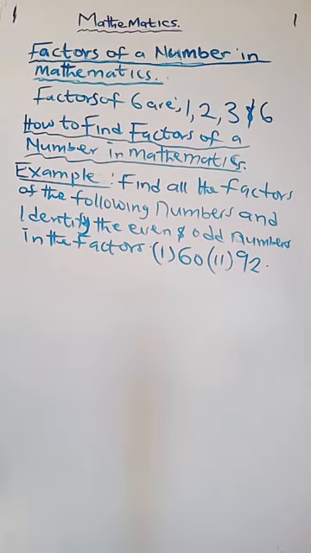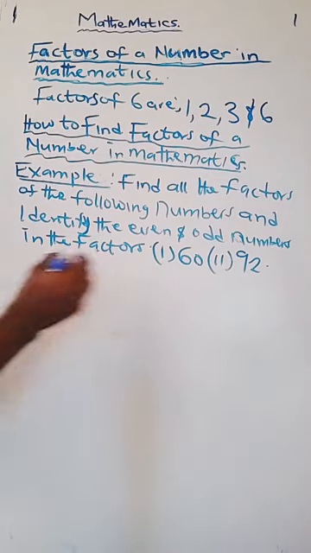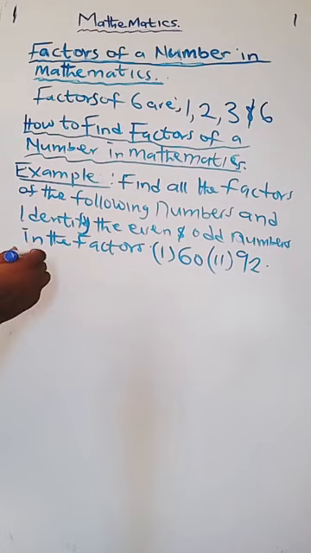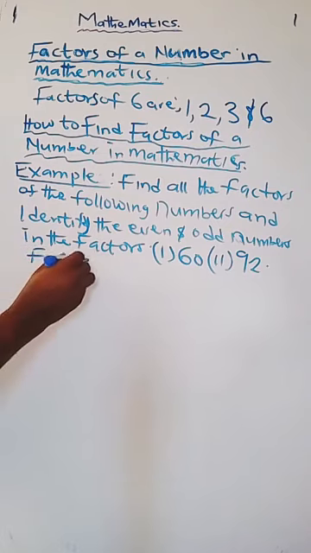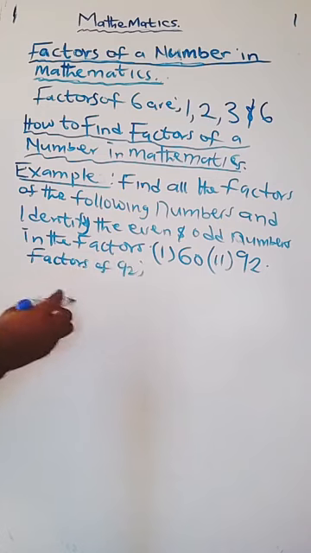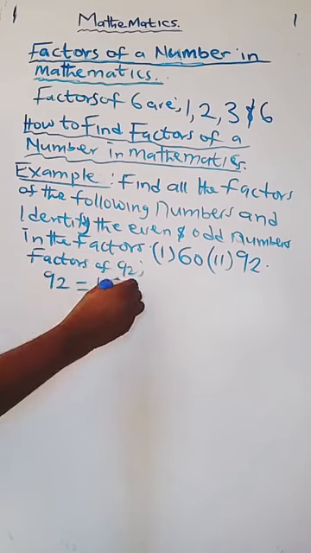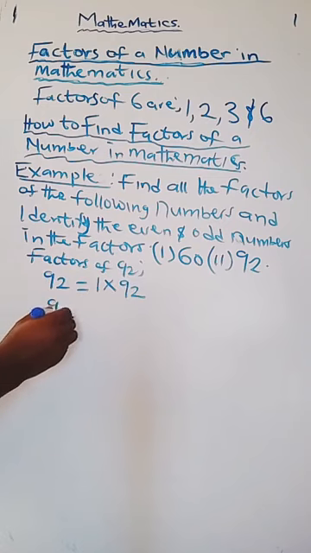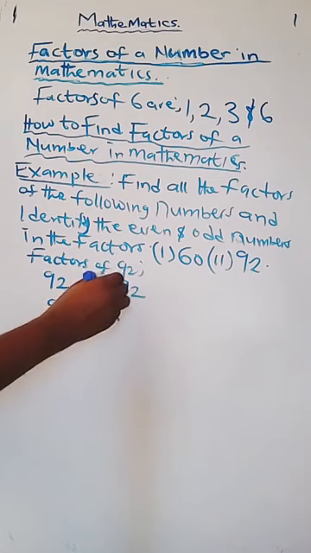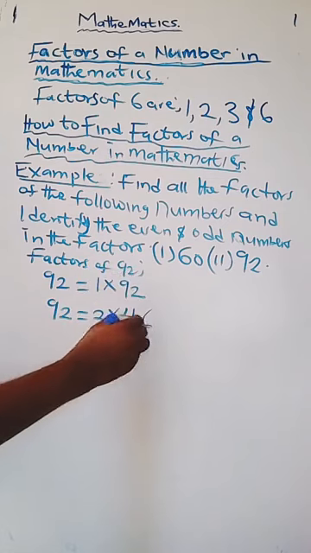Now let's look at the second one, 92. We want to look at all the factors of 92. Let's go. 92 is 1 times 92, right? 92 is 2 times 46.